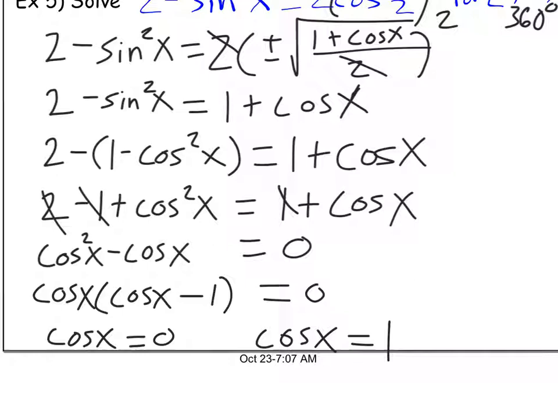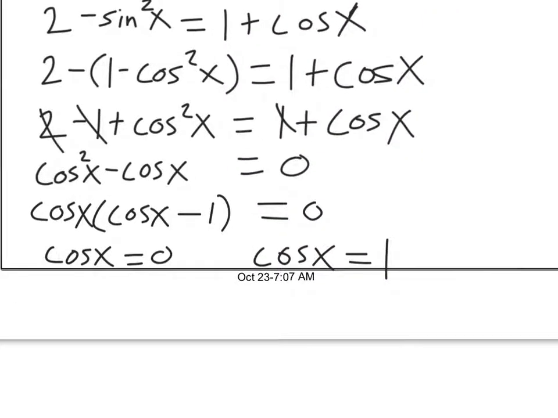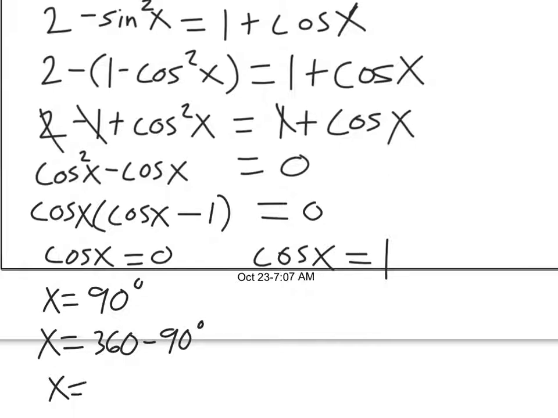I'm only looking for answers from 0 to 360, so this is the point where I apply my inverse. We'll start over here, right? Once we have it factored, we have to basically treat these 2 equations separately. Cosine of 0 is 90 degrees, and then jump down and check case number 2, which does yield a second solution to 70 as well.